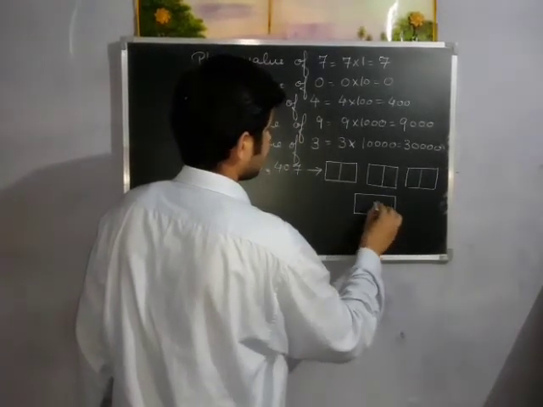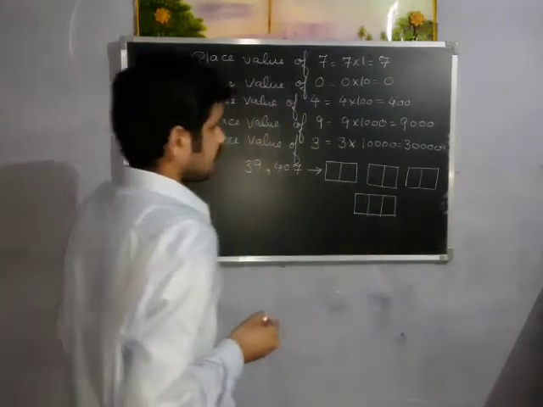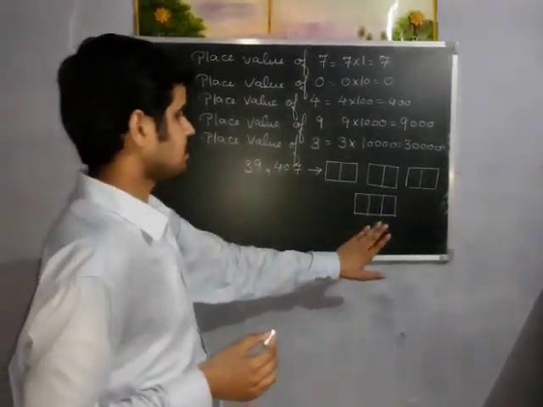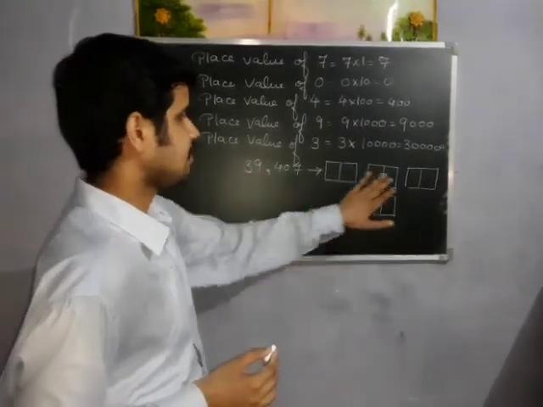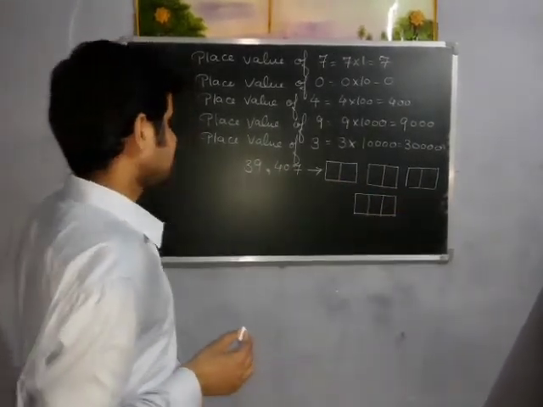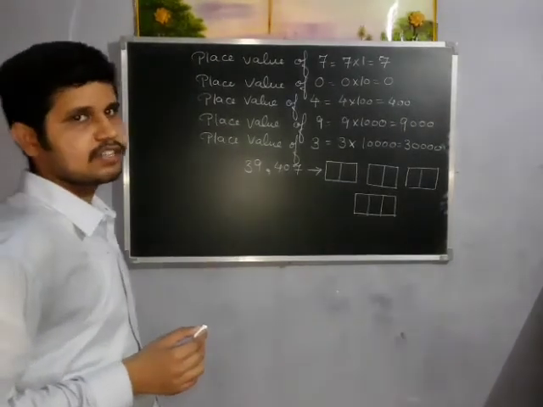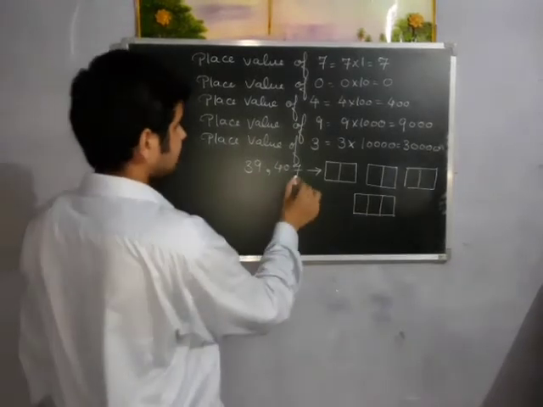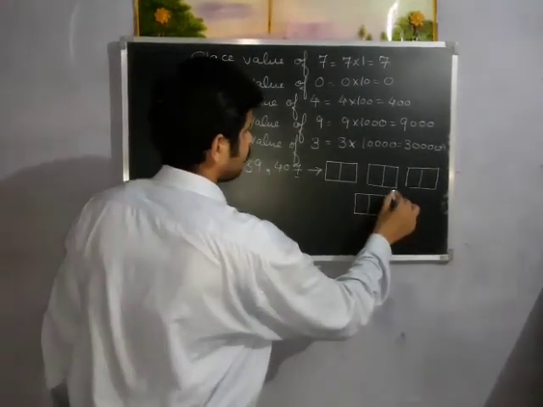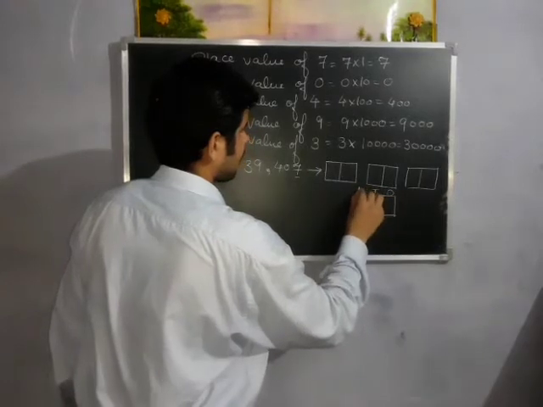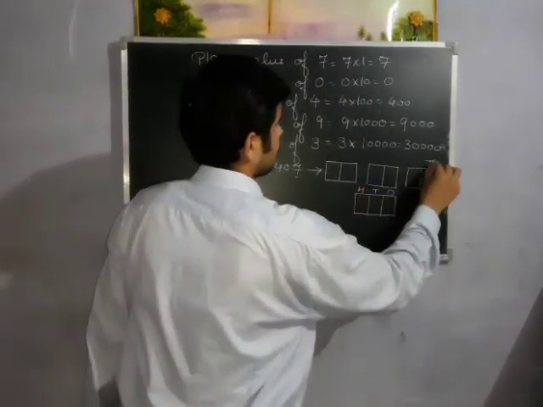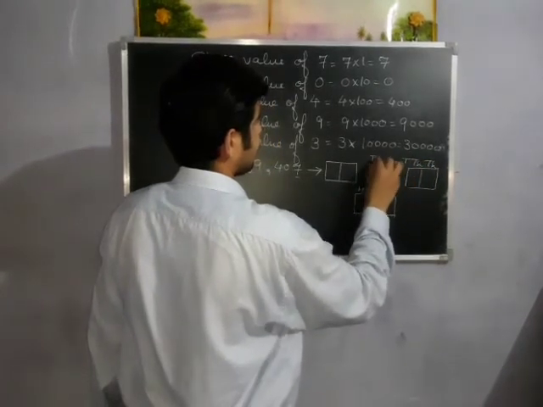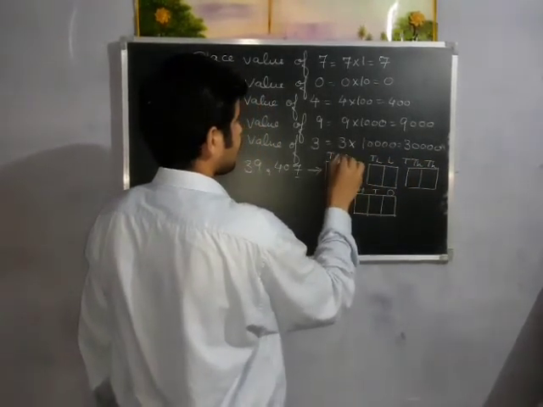In the ones period there are 3 places: ones, tens, hundreds. But in the other periods there are 2 places. This we have already discussed in the last to last video of large numbers, and we will fill the digits according to their places. So ones, tens, hundreds, thousands, 10,000s, lakhs, 10 lakhs, crores, 10 crores.